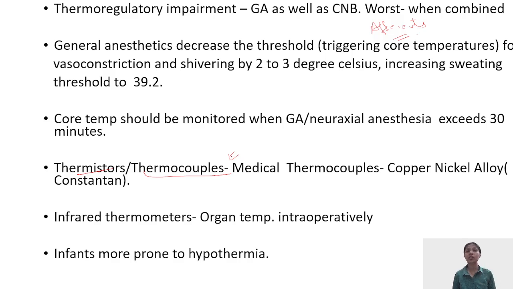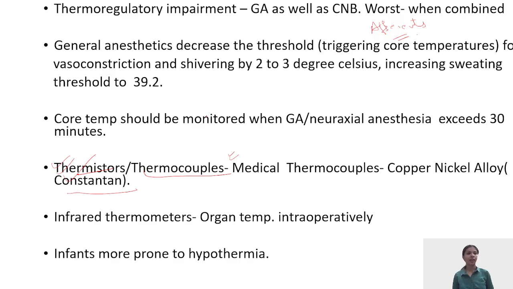These are made up of a copper nickel alloy, also known by the name of constantan. Just remember one line: we use thermistors and thermocouples for monitoring, which are made up of copper nickel alloy, also known as constantan.